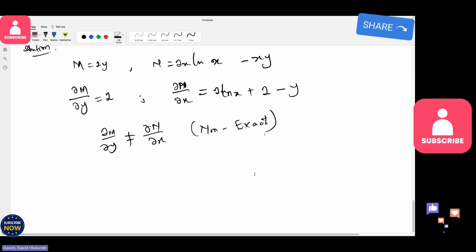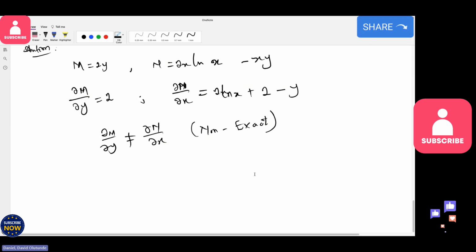And our integrating factor, now, one of the things that I always tell students is this: in order to solve this kind of problem, how do you think you should structure your integrating factor? Or what do you think will determine your integrating factor?